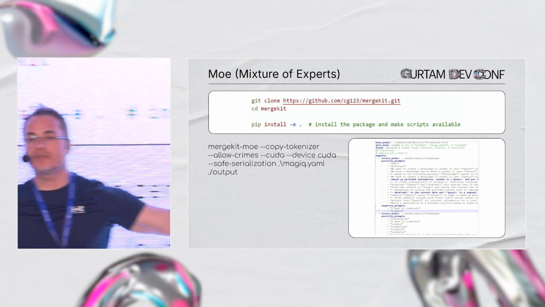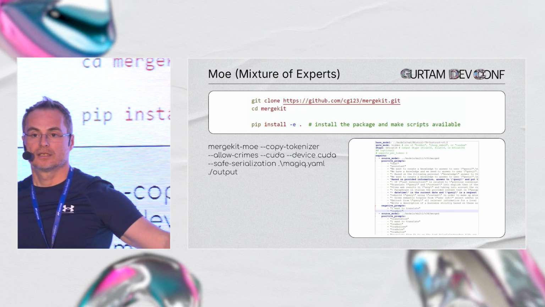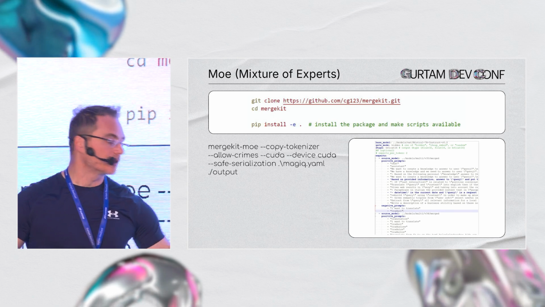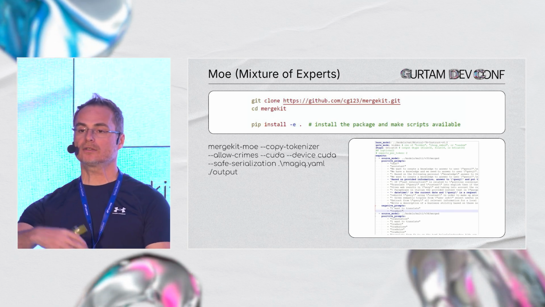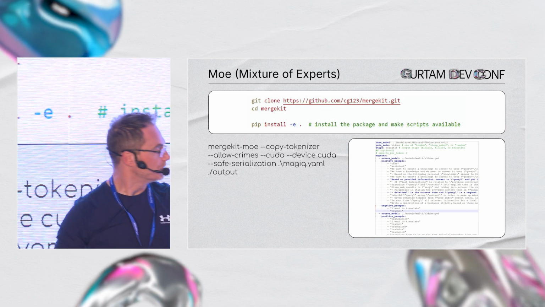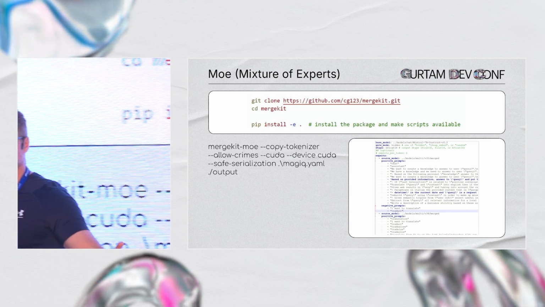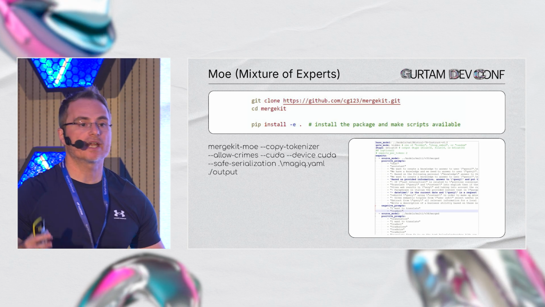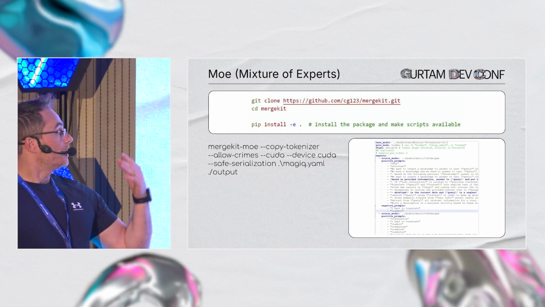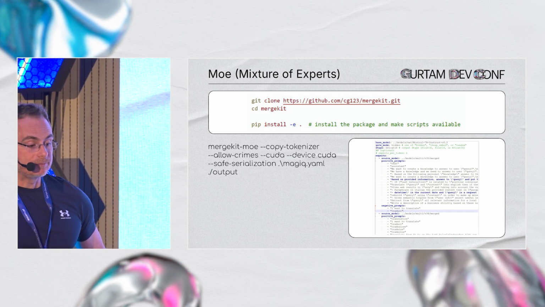So you just fill a configuration file with the prompts that explain, okay, when talking about coding, use that model. When talking about music, use this one. Okay, that's it, and you can create a very, very complex large language model.